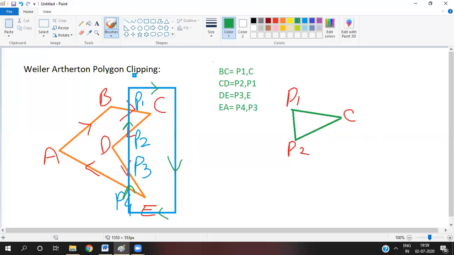I will just draw it quickly. P3 to E, then here it is E to P4, right? This is the polygon boundary.